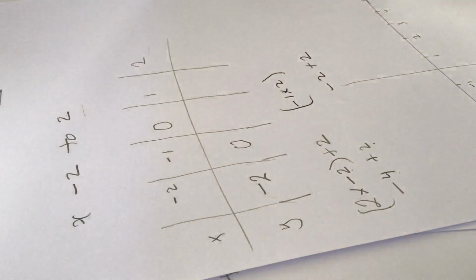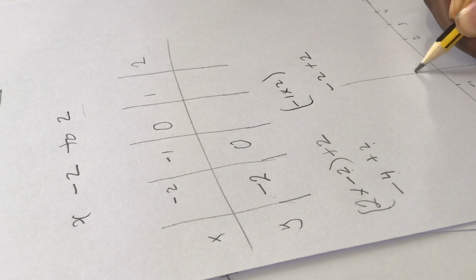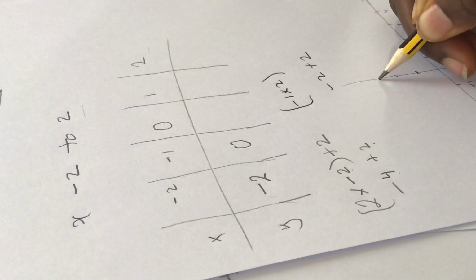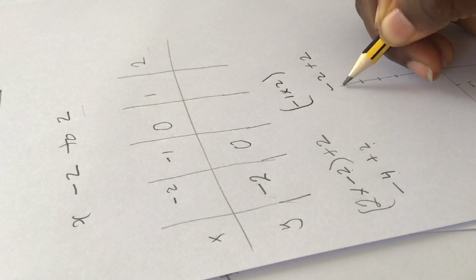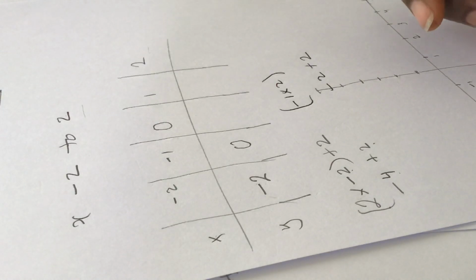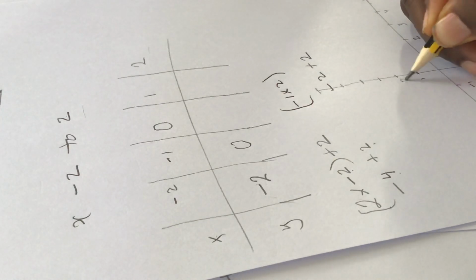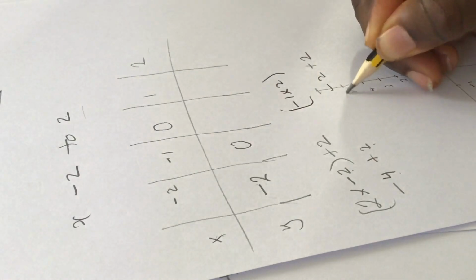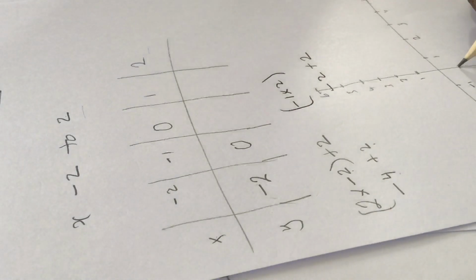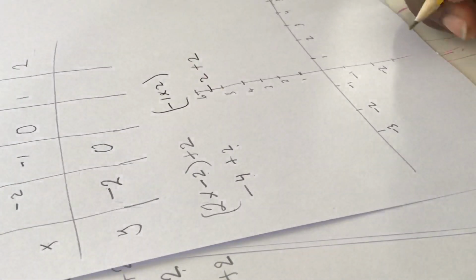And minus 1, minus 2, minus 3, minus 4, minus 5, minus 6. Good.